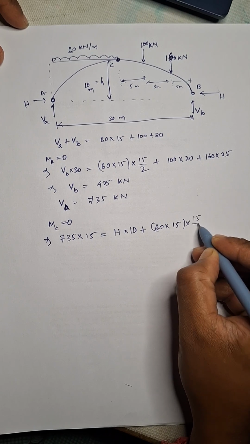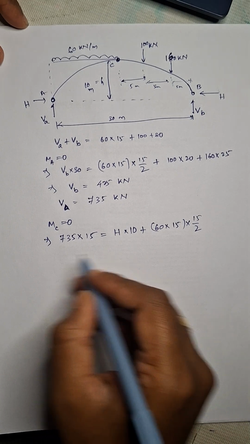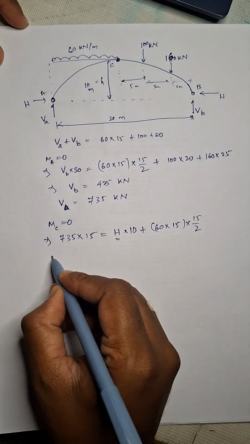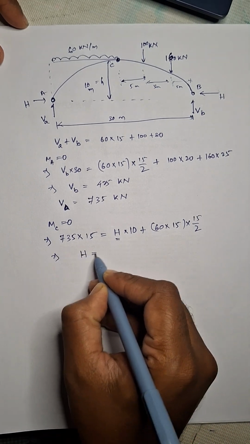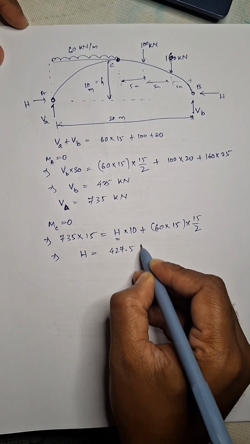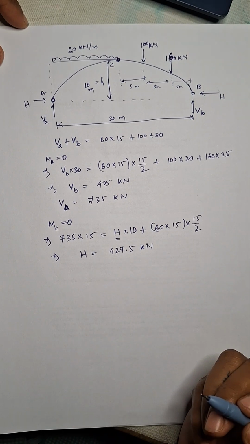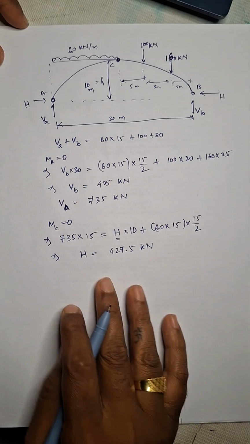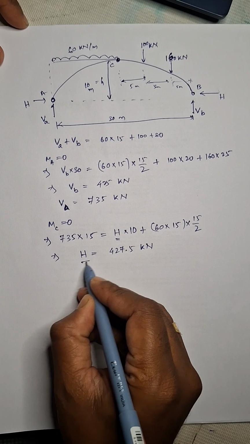From this, the only unknown is H, so we get H equal to 427.5 kN. According to our question, we have got the horizontal thrust.